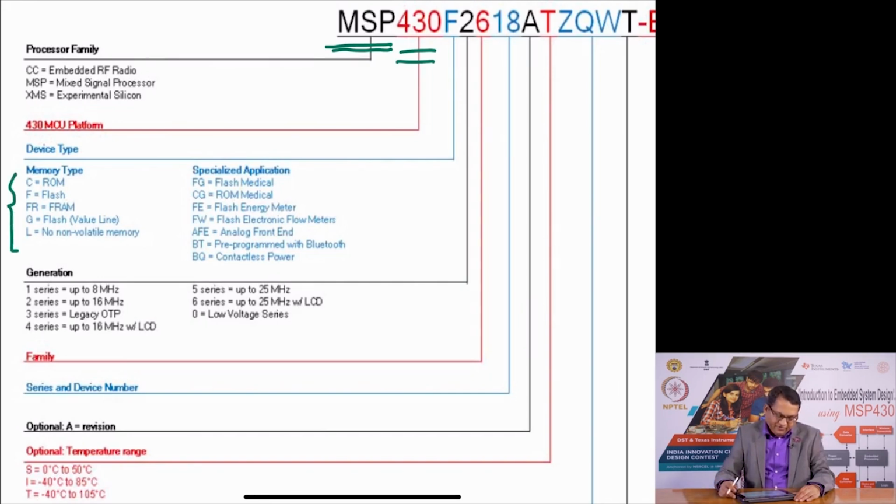So, if it is F, that means it is flash. If it is G, then also it is flash. If it is FR, that means the microcontroller would have FRAM memory, and so on. And then the next two digits tell you what kind of frequency operation it offers, and so on.